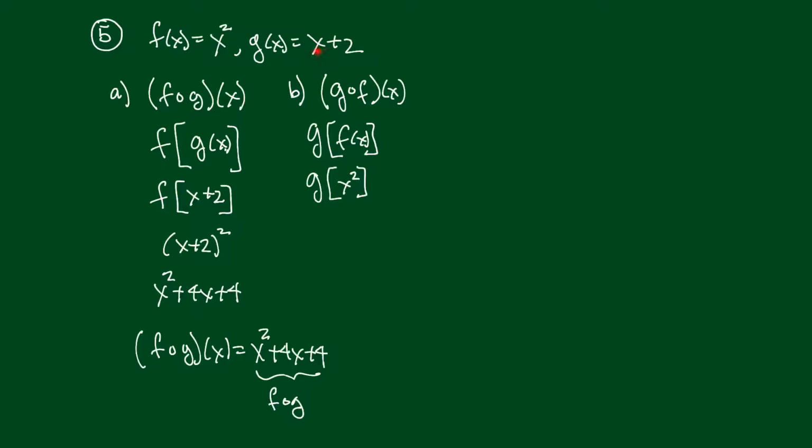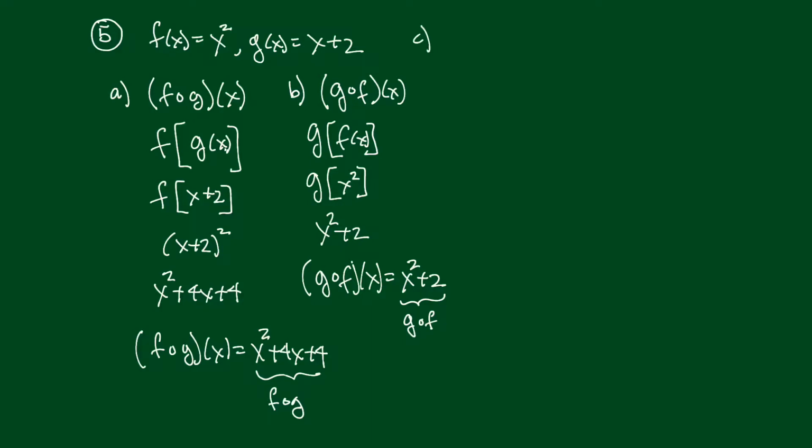Remember, that x is just a placeholder for whatever comes in. So it becomes x squared plus 2, and that's it. We can't go any further. So I'm going to claim now that g of f of x is x squared plus 2. And similarly, what's the name of that? That's g circle f.